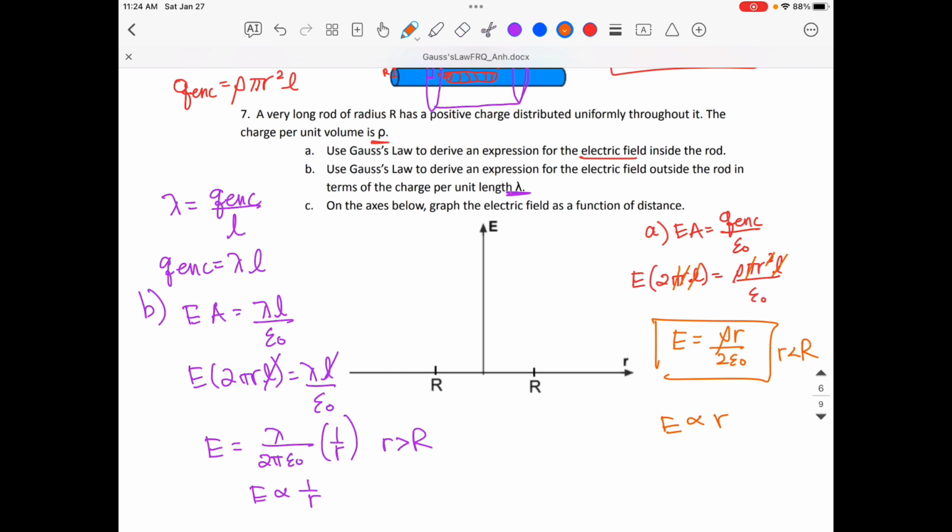So if I plugged in 0 here, it would start with an electric field of 0, and it would increase linearly as it approaches r on both sides, and then it would decrease exponentially for the inverse proportion once it passes the radius of the rod.